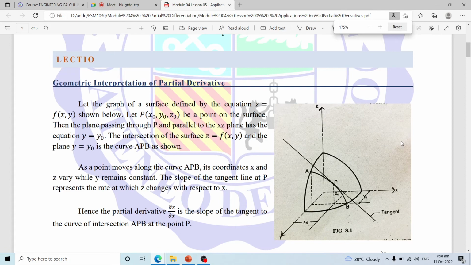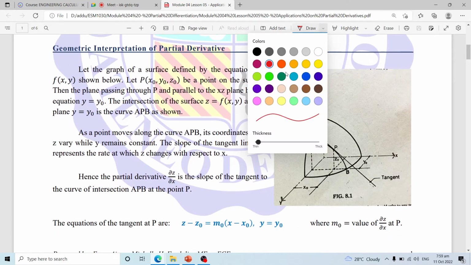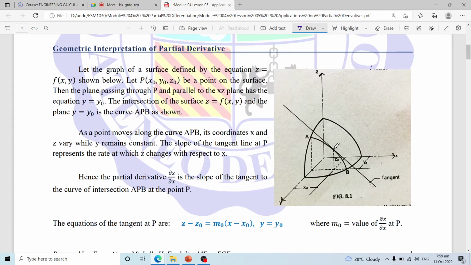And let point, okay, let point P, ito, zoom pa natin. Let point P be this one. Okay. And it's point P. It's a point in x, y, and z.